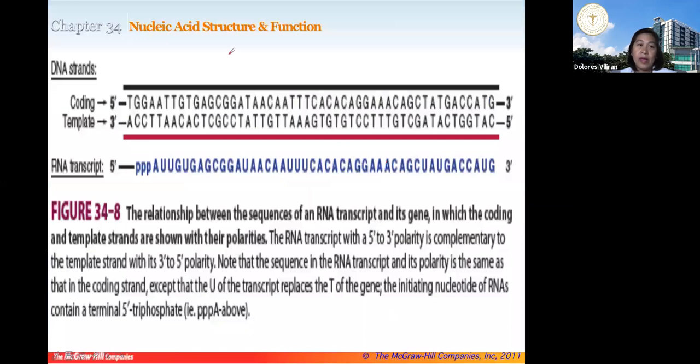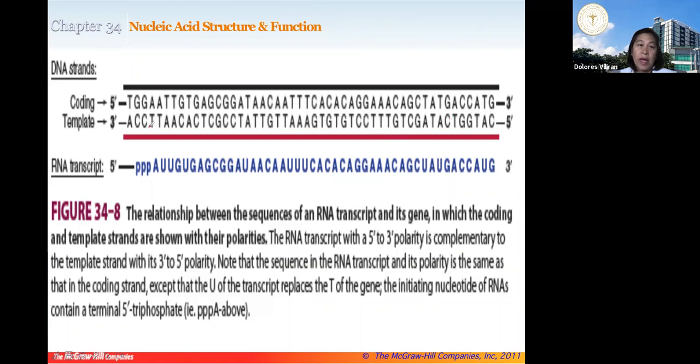Okay, so again, this is the DNA strands, the coding and the template strand. So during transcription, when DNA is transcribed, it has to be anti-parallel. So if the RNA transcript runs from 5' to 3', then the template strand will be the bottom one, this 3' to 5'.